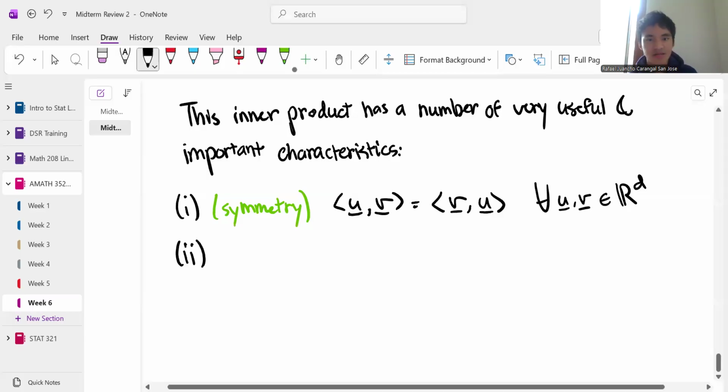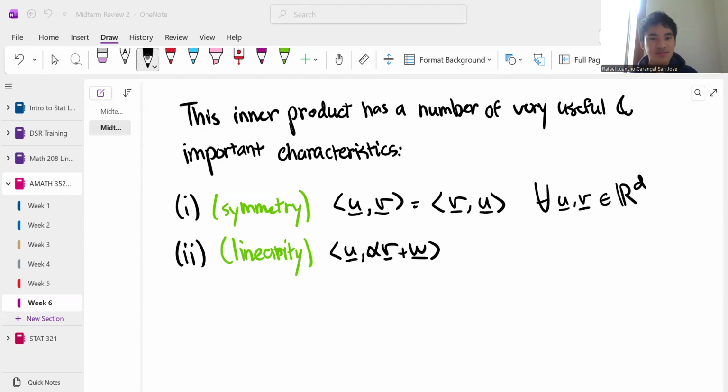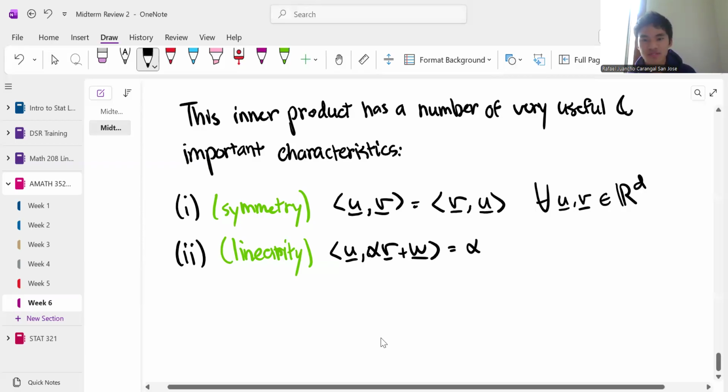Two, we have linearity. What do I mean by linearity? Well, when we have u, and then we have scalar alpha times v plus w. Wait, that's confusing. How do we do a dot product of that one? This one's a bit tricky, and there's a way to prove this. I think I'm going to prove this later.